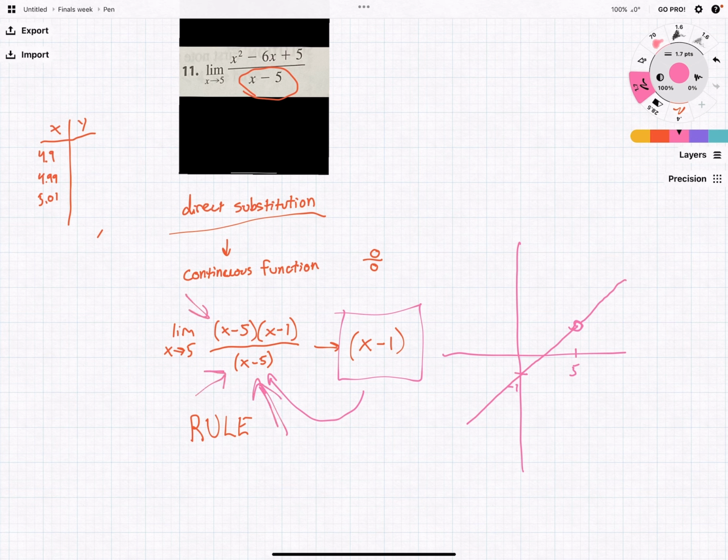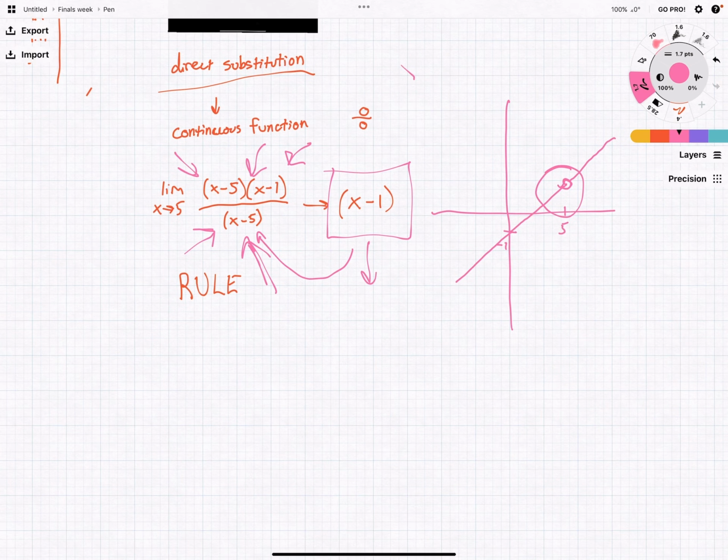And what we're doing is we are algebraically modifying it so that we can use direct substitution to find what happens near 5. So we have essentially x minus 1. We plug in 5, so that gives us 5 minus 1. And our answer is 4. And so again, what does this mean, right?